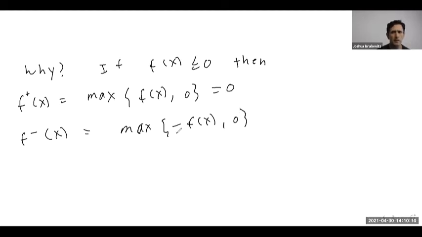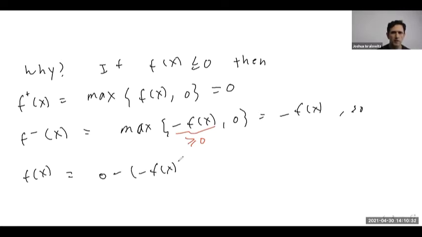Well, minus f of x is bigger or equal to 0, so the maximum is obviously minus f of x. So in this case, f of x is 0 minus f minus of x. So f of x could be minus infinity. There's no problem here. In this case f plus is 0, so no ambiguity whatsoever. There's no issue with defining this.